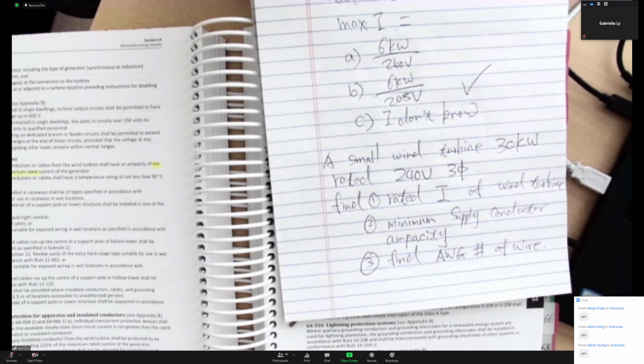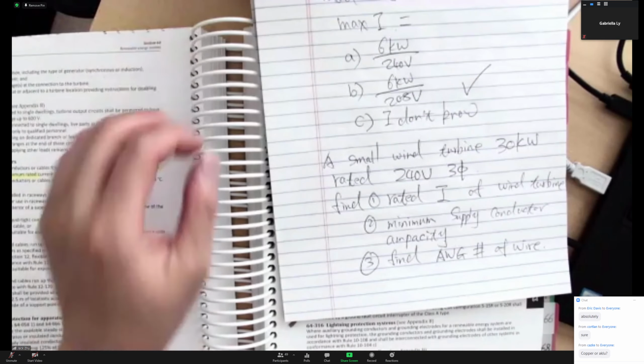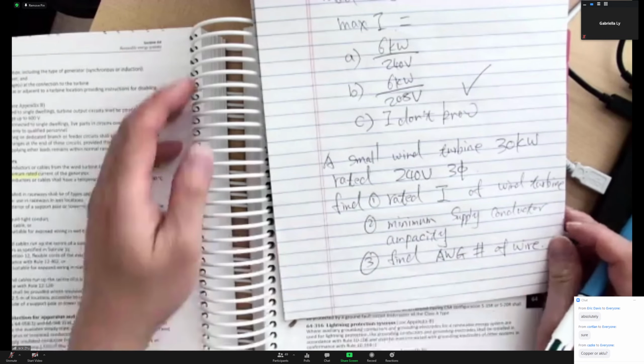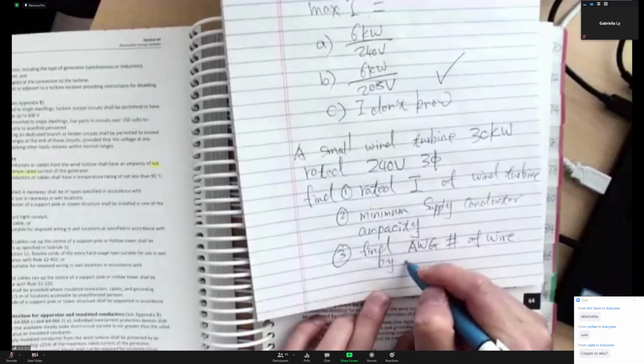You guys want to give a try? Copper. The code book says if it doesn't mention, by default it's always copper, right?